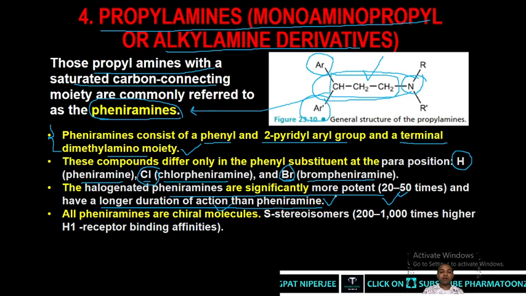All pheniramines are chiral molecules, very important for competitive examinations. The S isomer has 200 to 1000 times higher H1 receptor binding affinity compared to R stereoisomers.